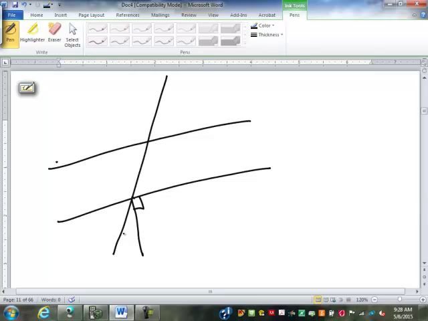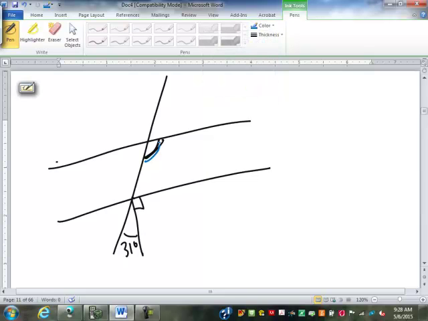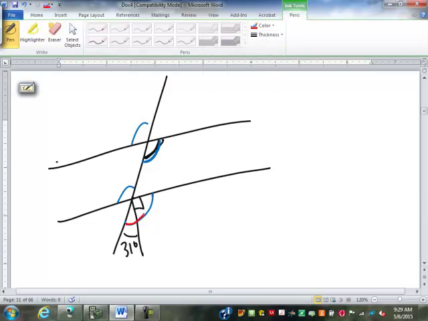If I tell you that this angle here is 31 degrees, and I ask you what this angle here is, can you tell me? Well, that angle would be the same as this angle, same as this angle, and the same as that angle. Not the 31, but that whole piece. So this piece here, I'm going to put it in red so I can refer to it as the red angle.